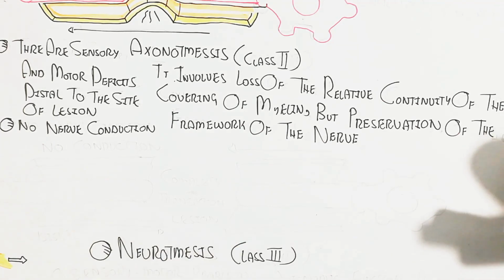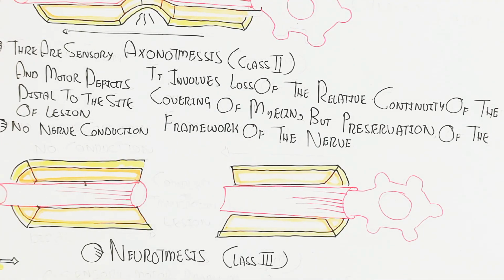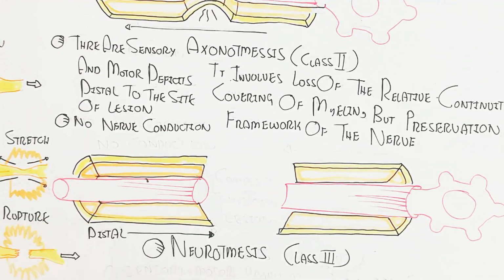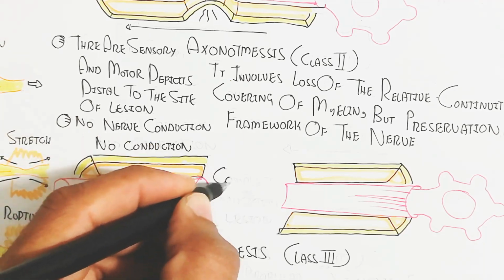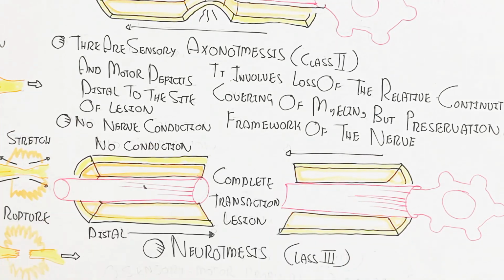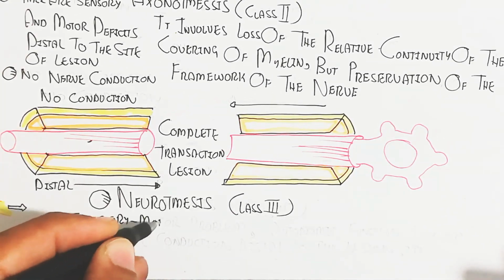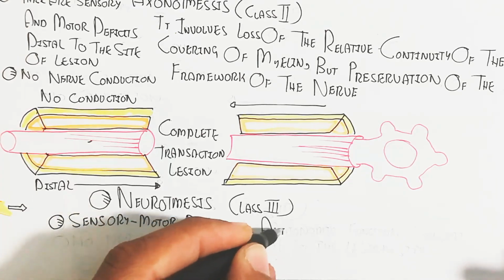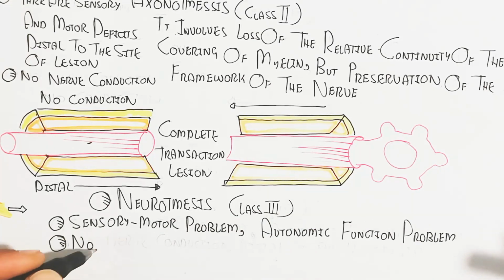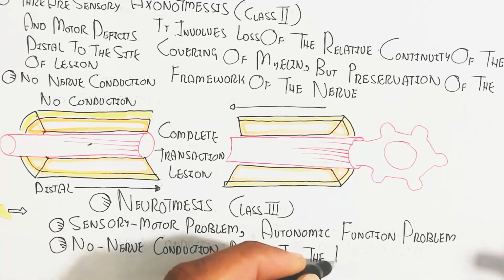Here there is a complete transection and lesion, which leads to sensory and motor problems, autonomic function problems, and no nerve conduction distal to the lesion site. There is no nerve conduction because of the complete transection and lesion. So there is no nerve conduction distal to the lesion site.